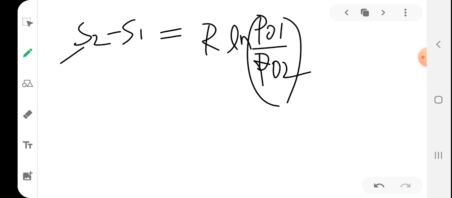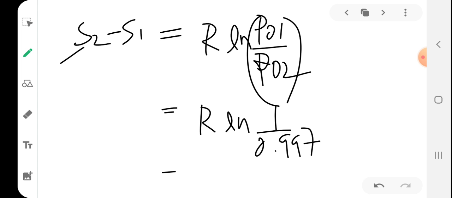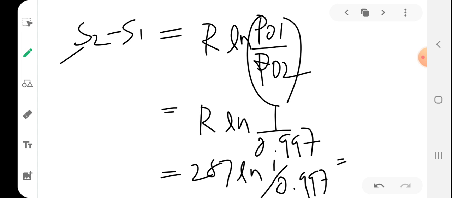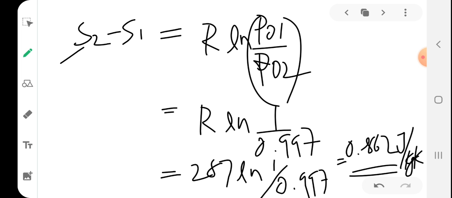So S2 minus S1 is R natural log of the inverse of 0.997, with R as 287, and the value will be 0.862 joule per kilogram Kelvin. So this is how you find change in entropy.